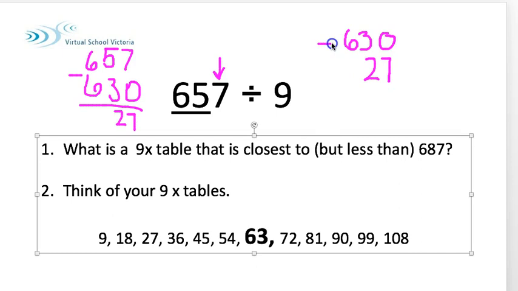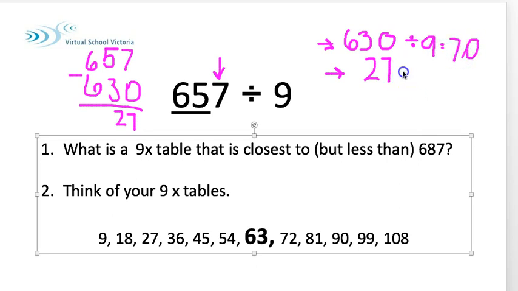Now, both of these are 9 times multiplication tables. So we have 1, 2, 3, 4, 5, 6, 7. Let me have a look. 1 nine, 2 nines, 3 nines, 4 nines, 5, 7 nines. So that's 630 divided by 9 equals 70.